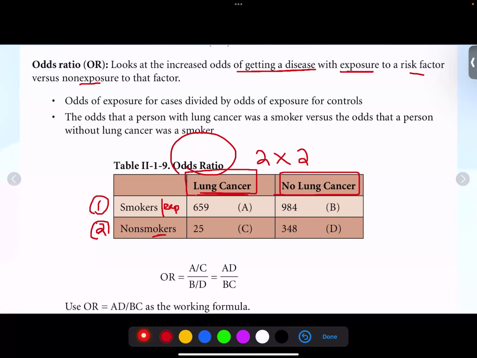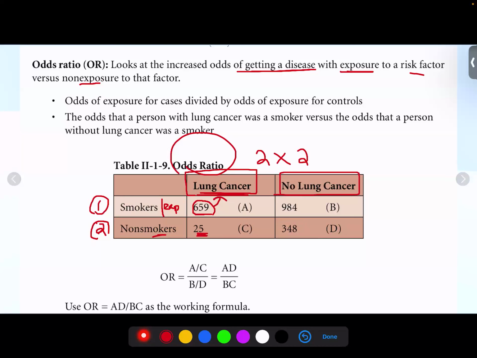Okay, so this is again a 2 by 2 table. So if you see 659, it means 659 individuals are smokers and they have lung cancer. And how many non-smokers get lung cancer?